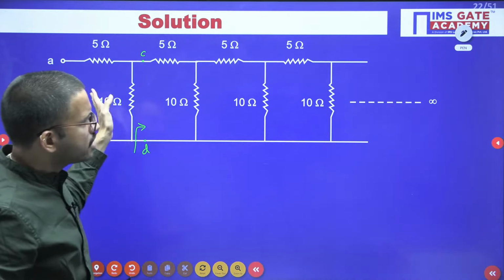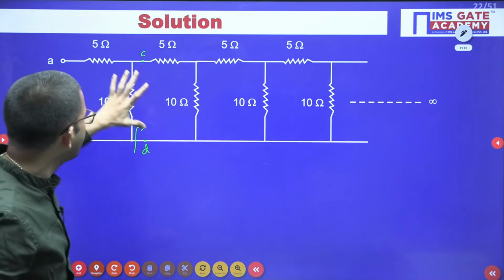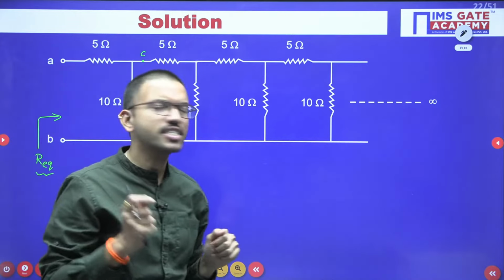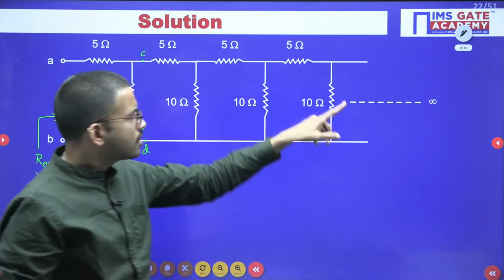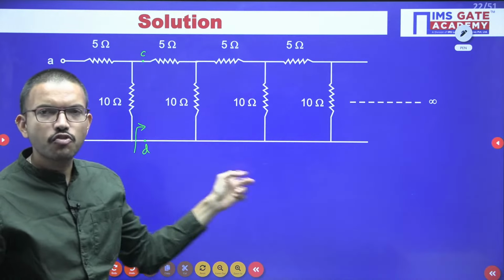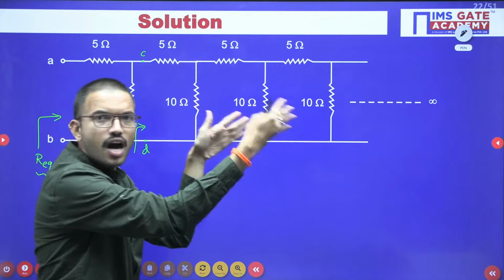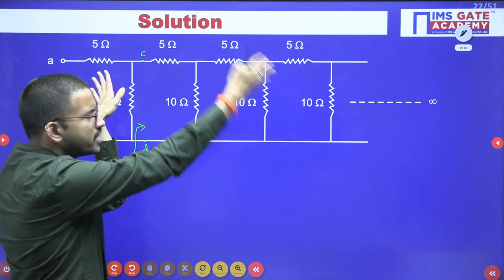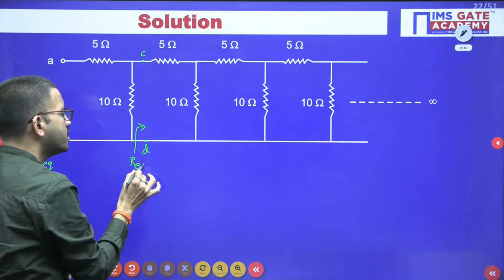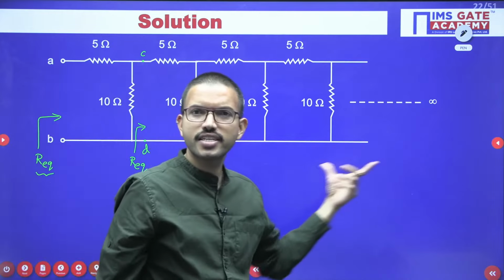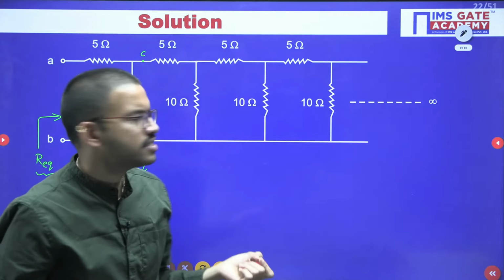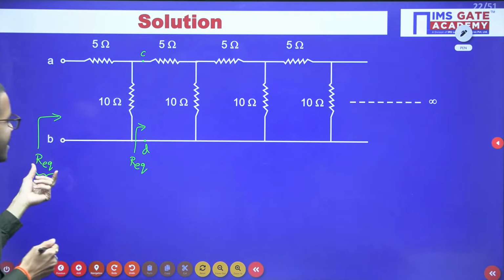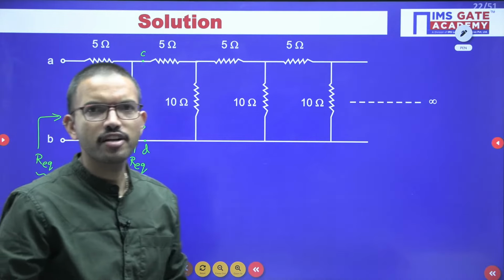Now, from this entire infinite network, if I remove one section out of infinite sections and consider the rest of the network, obviously you will get the same equivalent resistance, because you still have infinite sections. Even after taking one section out, you get the same equivalent resistance as earlier. I hope all of you are getting clarity.